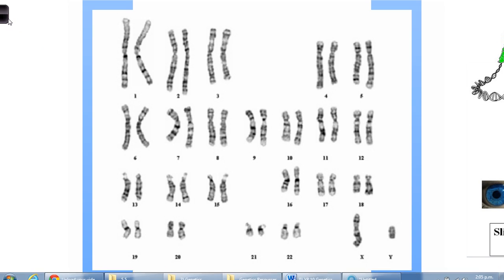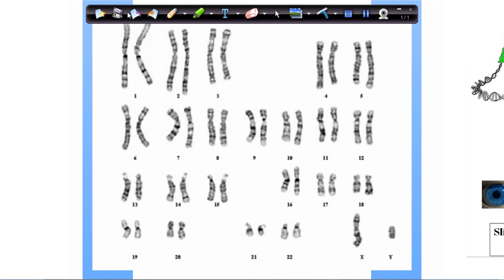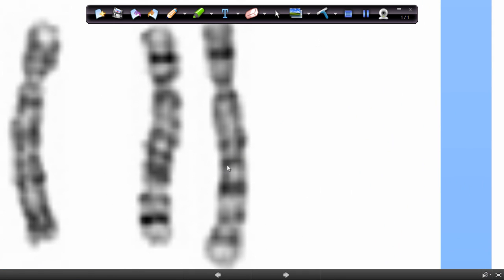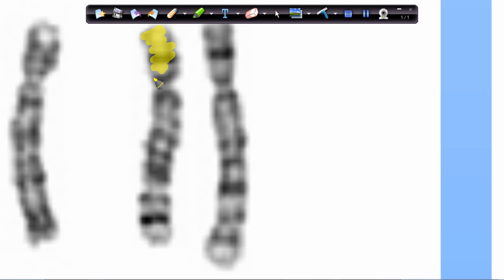So let's carry on. If we look at one of these pairs here, one of them, like we said, came from our mother. So maybe here we can highlight this one yellow.